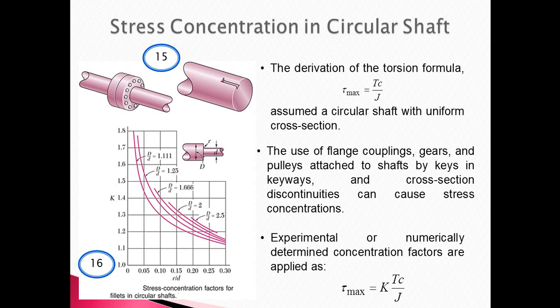To account for this situation, the torsion or shear stress formula tau equal to Tc over J should be replaced by tau equal to KTc over J, where the stress concentration factor K is added to the formula. The value of K can be estimated from the graph in picture 16. This graph can also be found in many other reference books and in the literature.